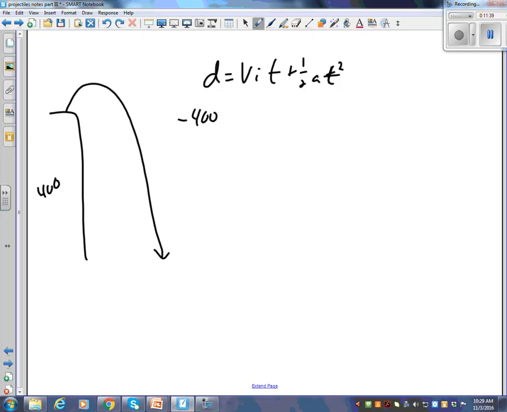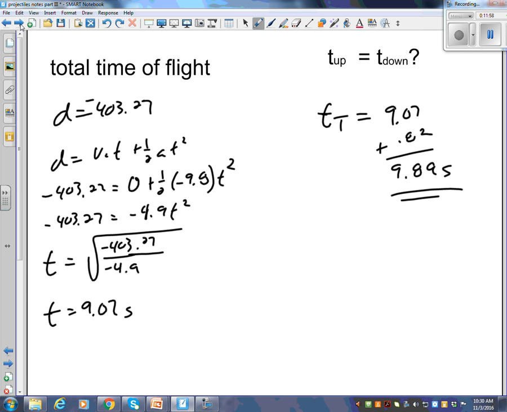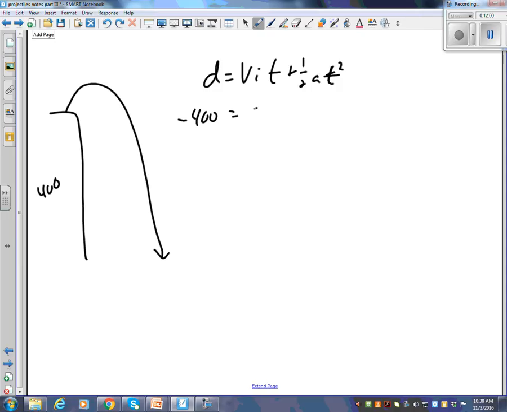What's the initial vertical velocity? Now, plus or negative? It's positive because it's up. Plus 1/2 of minus 9.8 t squared.